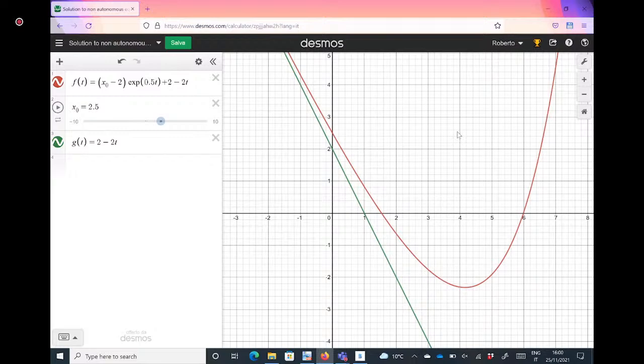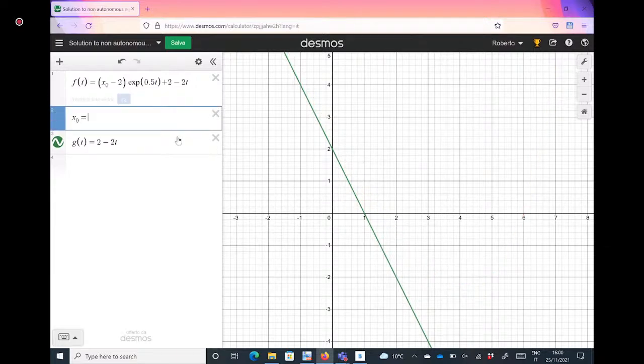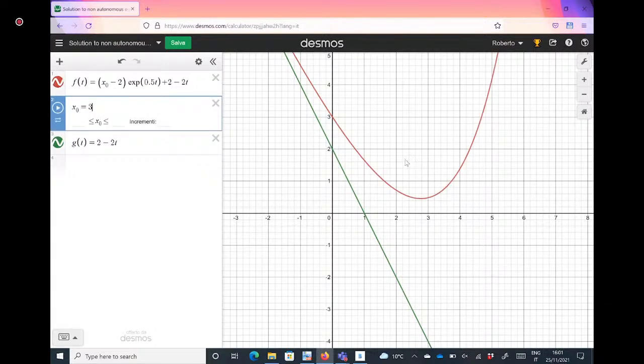So basically, this plays a little bit the role of an equilibrium solution, because if we start exactly there, so if x0 is equal to 2, there is a perfect superposition of the two curves. But if x0 is not 2, but it is above 2, for instance 3, like in the previous example, you get something like this.